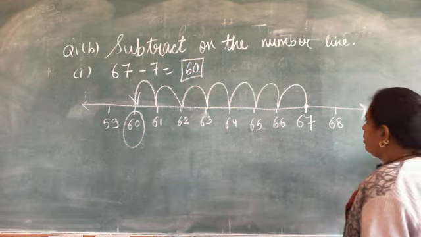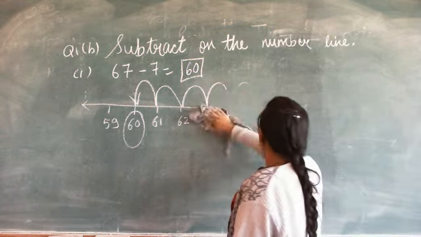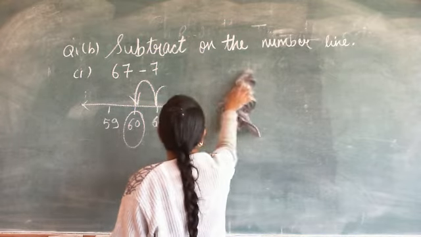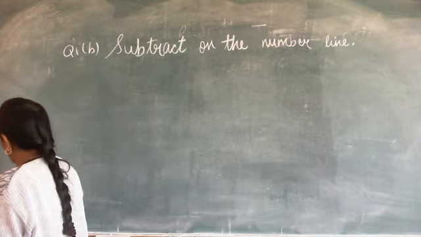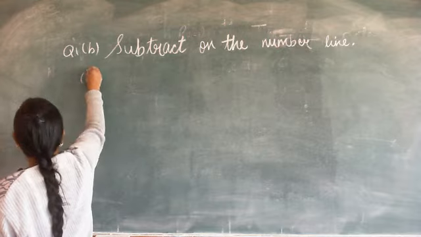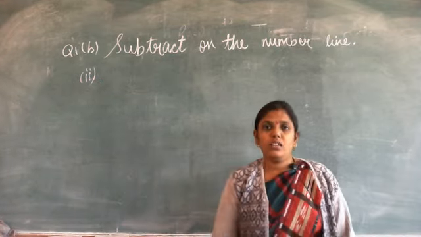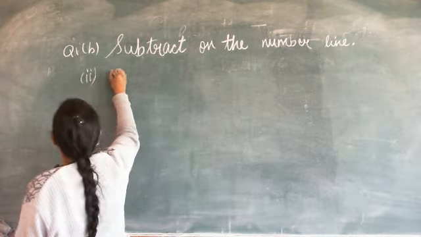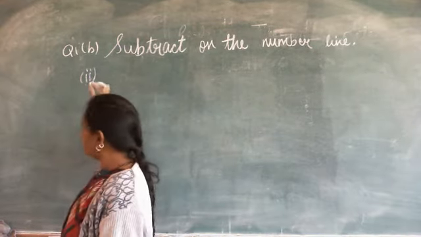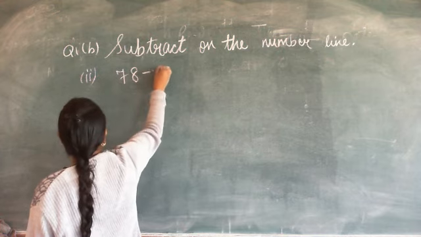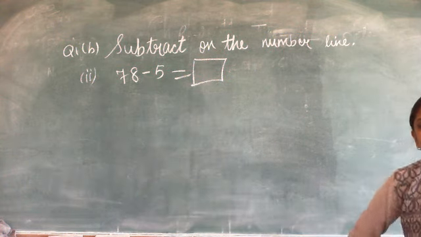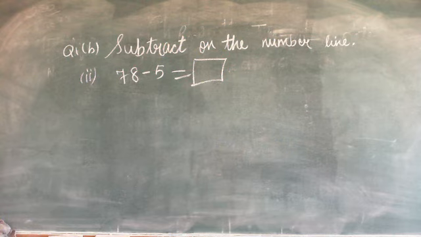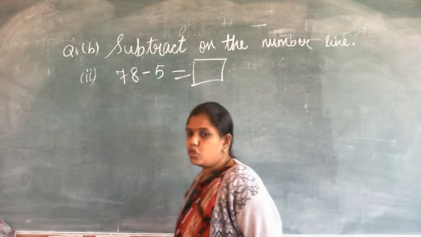Now, the next question. Write second. Now, write the question: 78 minus 5 is equal to.